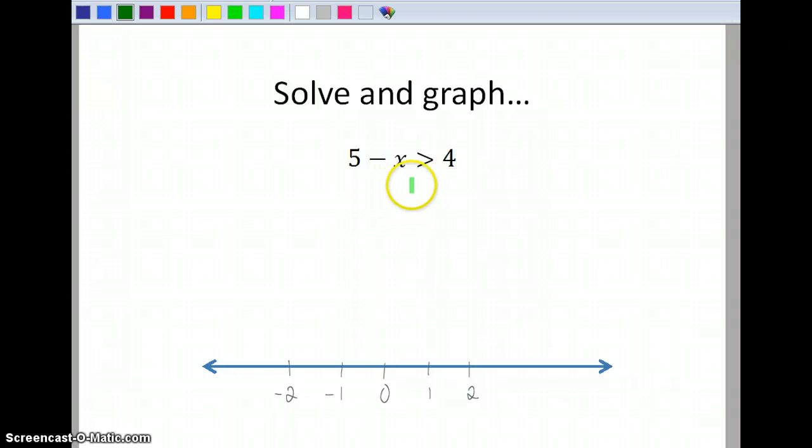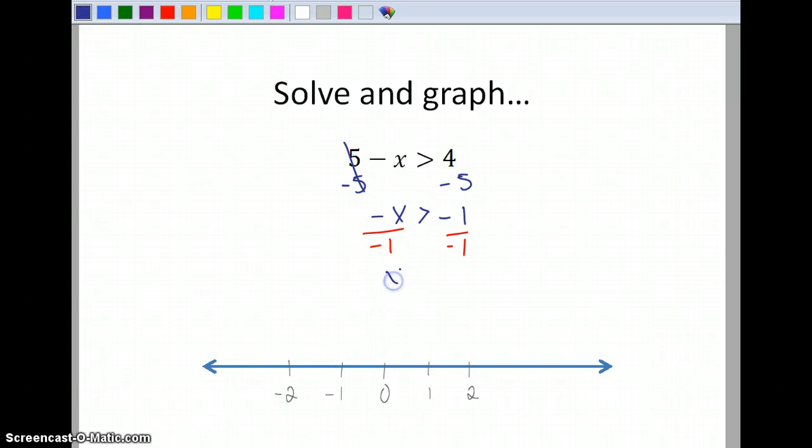Okay, 5 - x > 4. I'm going to subtract 5 from both sides. So now I have -x > -1. Oh, I can't have a negative. I'm going to divide each term by -1.